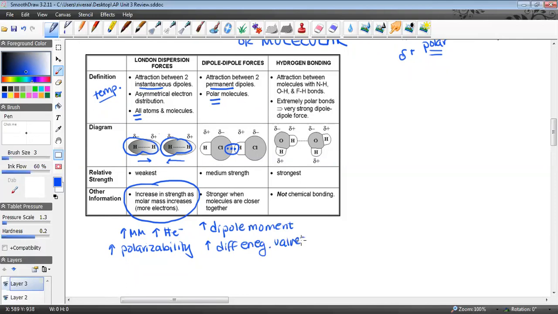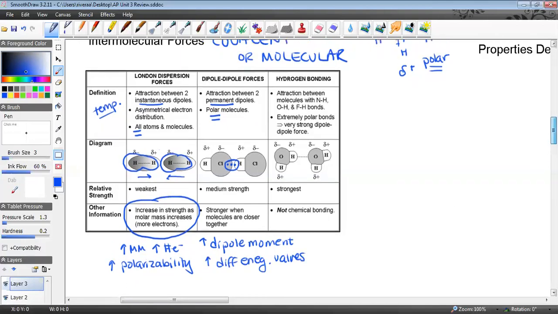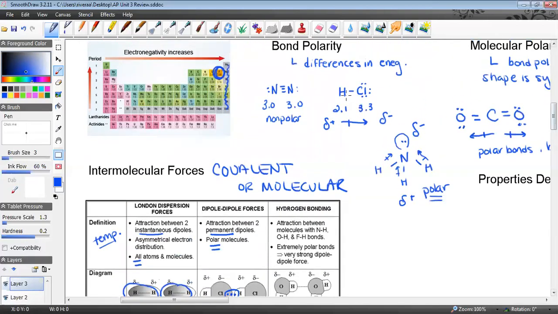So for example, we were looking at the difference in electronegativity between hydrogen and chlorine. It was a difference of around 1. But what if we were looking at hydrogen to fluorine? We said hydrogen was 2.1, and I think fluorine is like 4.0 or something. It's huge.